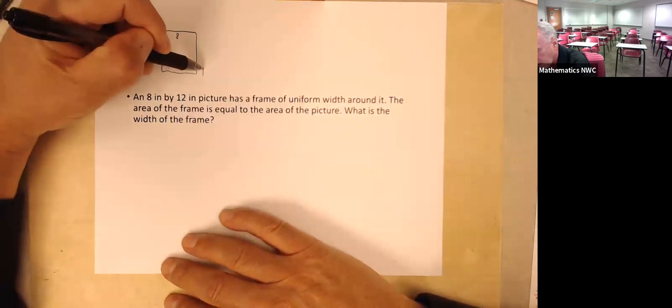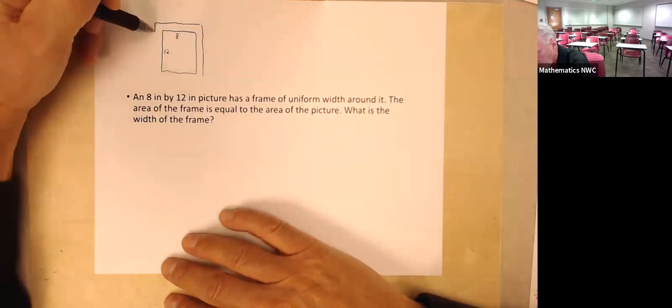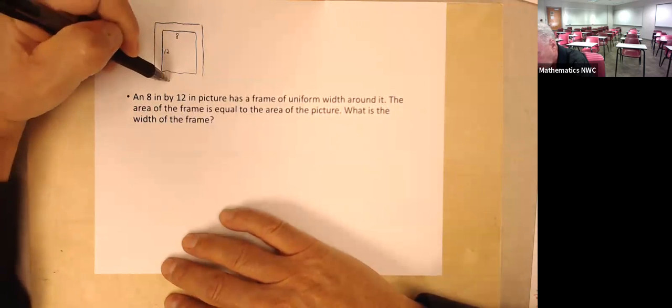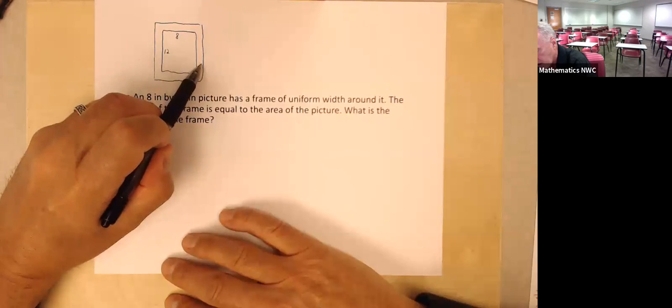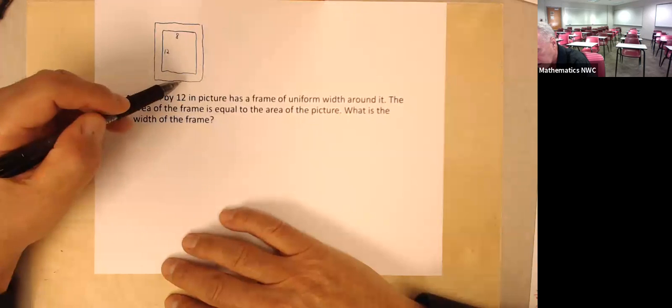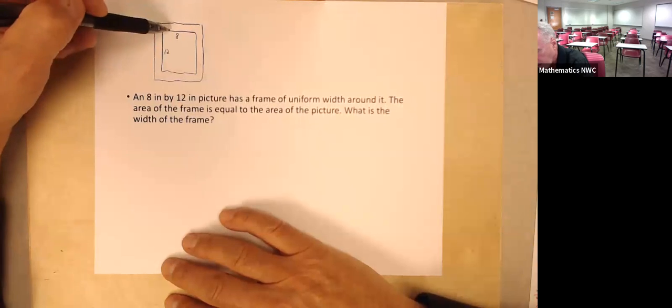So in other words, I've got some type of picture frame around. But this picture frame is whatever the width is right here. It's the same width here. It's the same width here. Same width on the top.